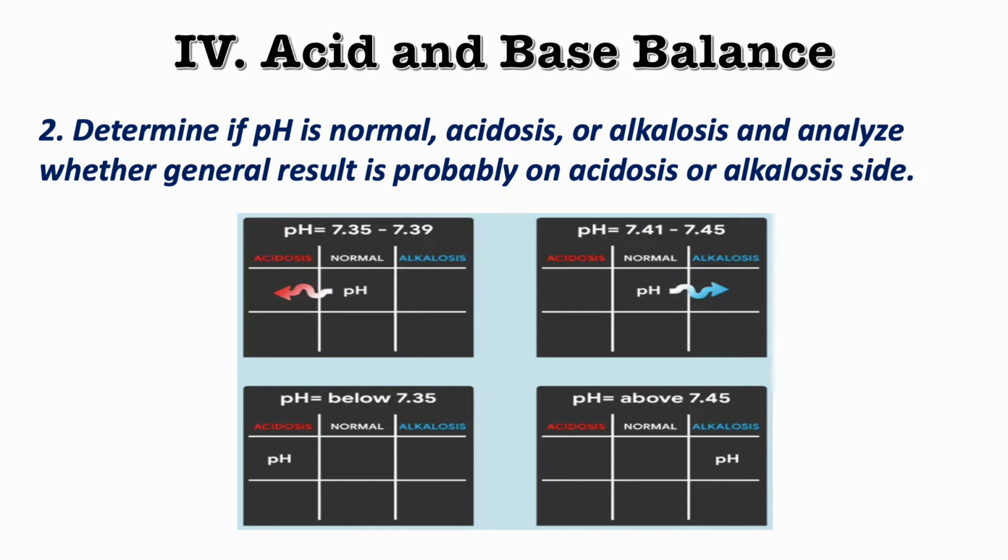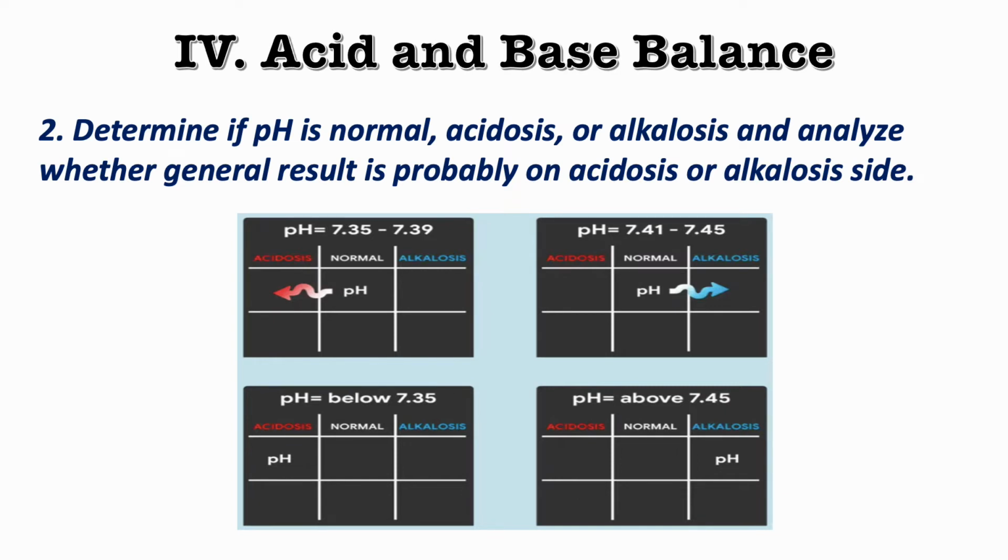If blood pH is between 7.41 to 7.45, the interpretation is normal but slightly alkalosis. Therefore, if pH is normal, determine whether the value is leaning towards the acidosis or alkalosis side, and then we consider that finding along the way.